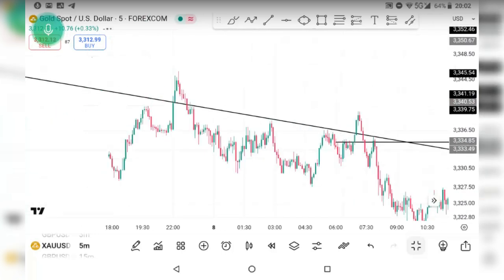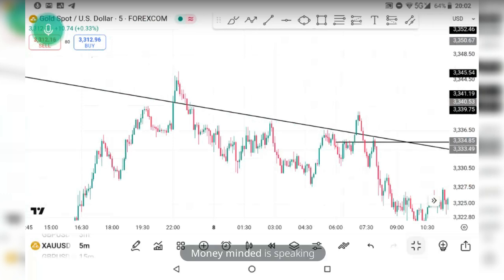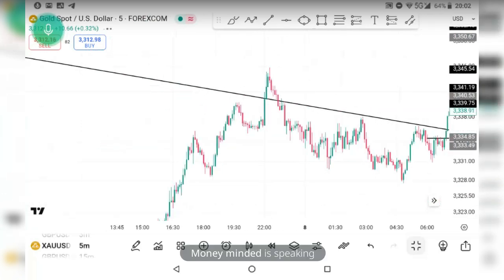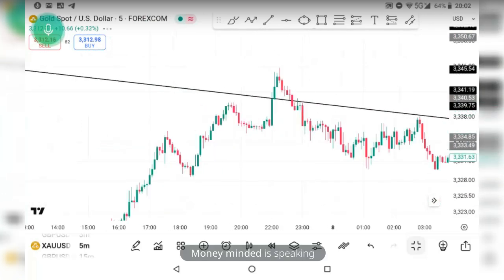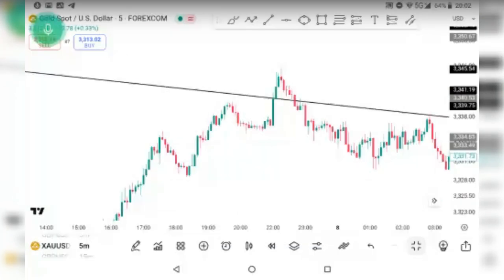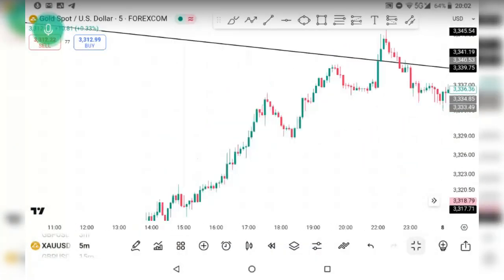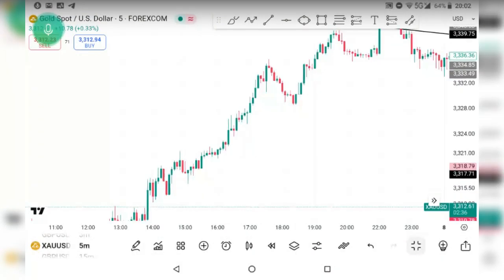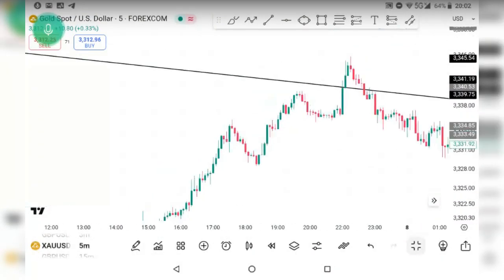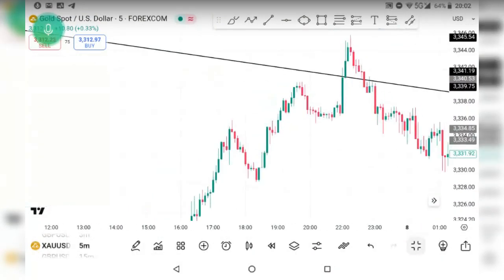Notification after notification. This thing is now becoming a problem. Okay, seems like we're having one here.